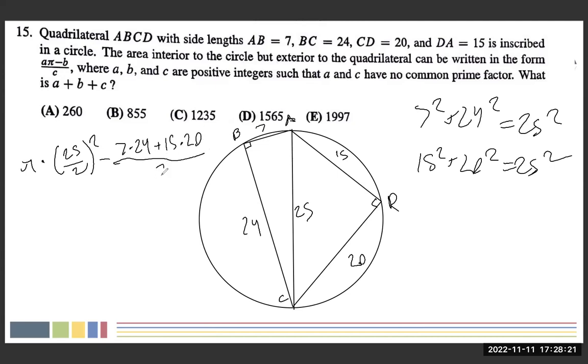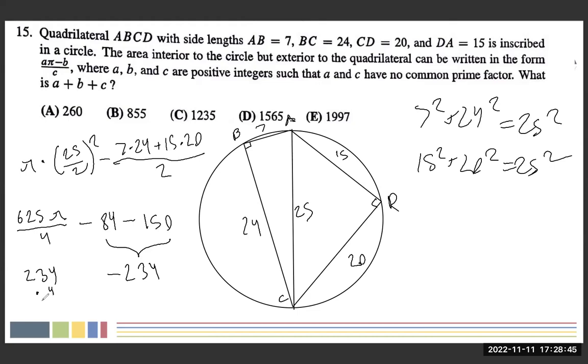Now we get 625 pi over 4 minus, and then 7 times 12, which is 84, plus 15 times 20 over 2, which is 150, which gives us minus 234. And now we just have to multiply 234 times 4 to get it onto the fraction.